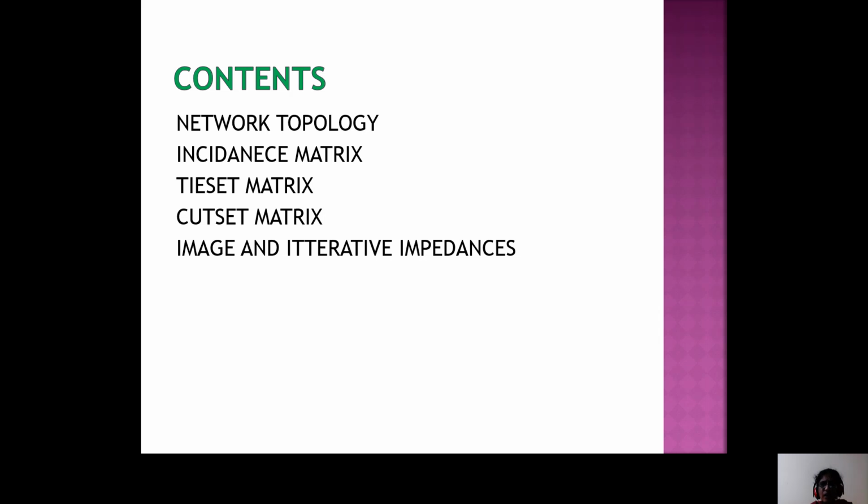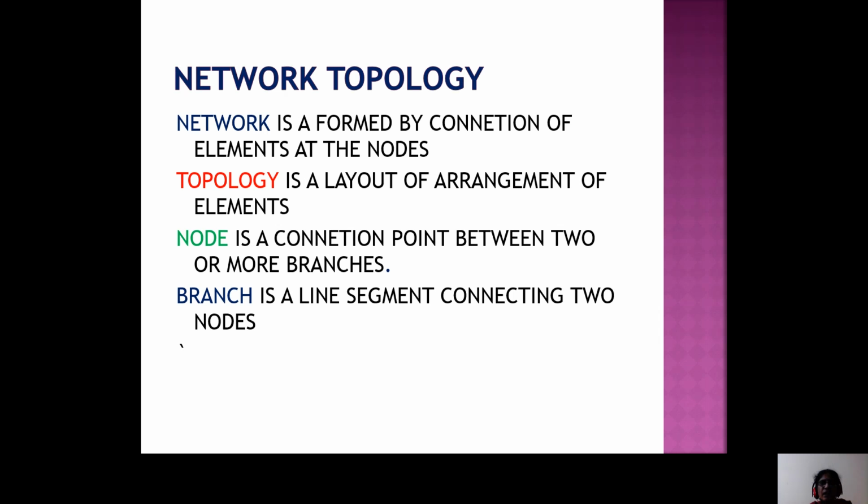Before going to how to solve using network topology, we discuss some of the definitions of network topology. The first one is network. A network is formed by connection of elements at the nodes.